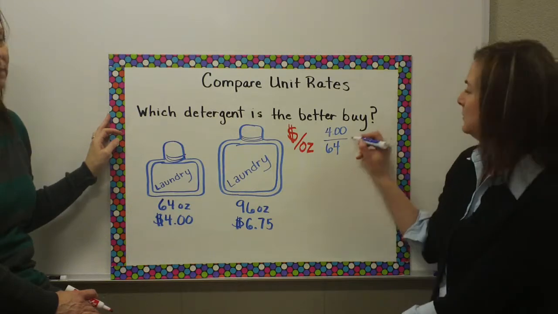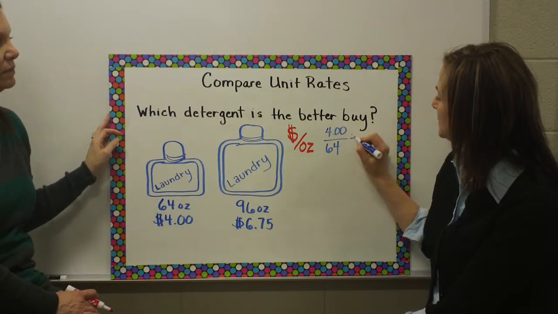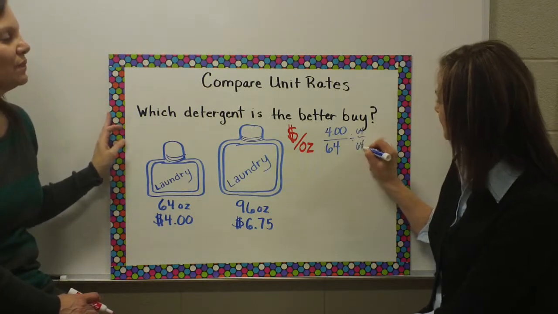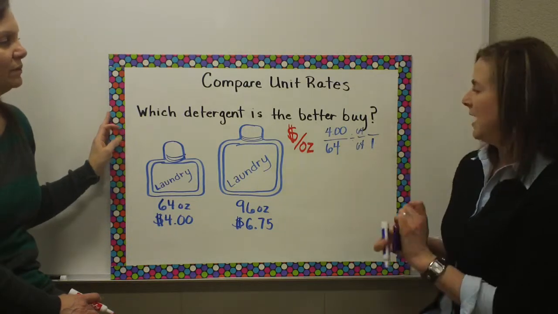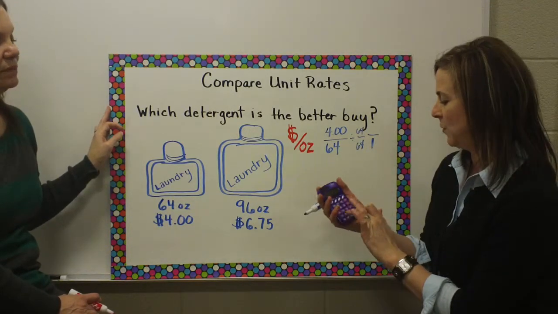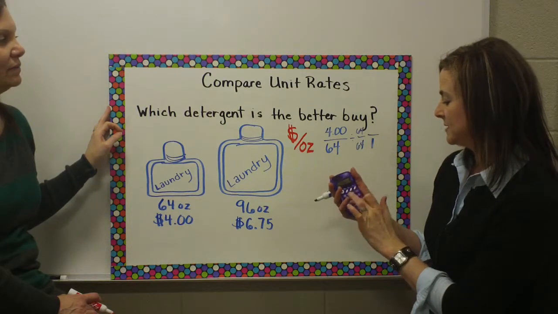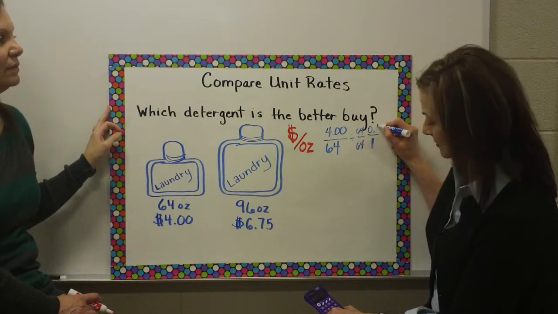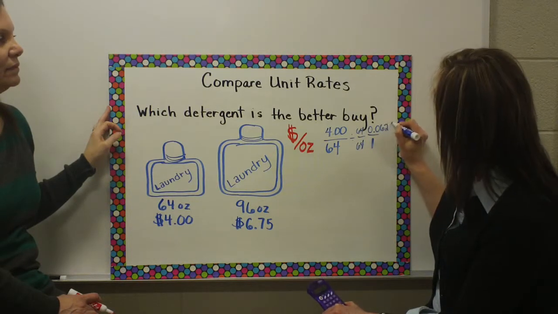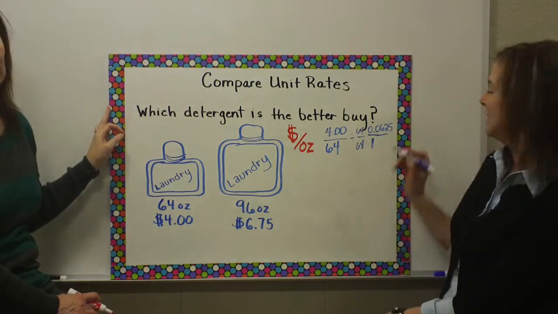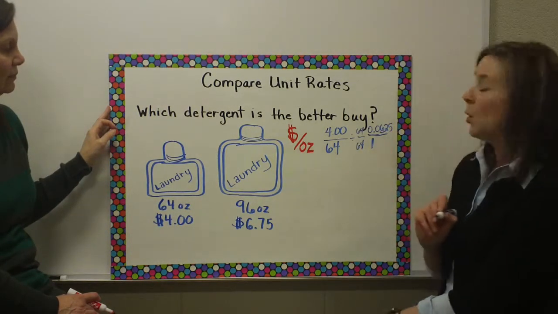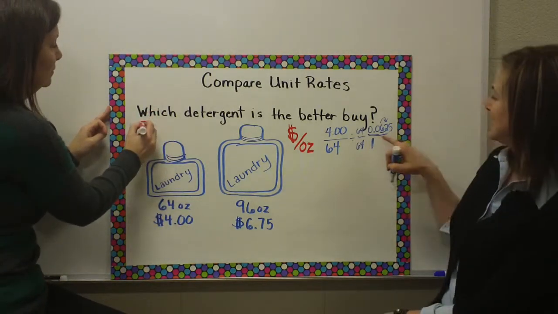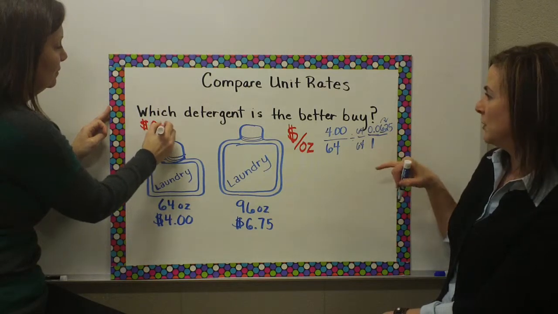Remember, we want 1 ounce, so we are going to divide both numbers by 64, which will leave us 1. And then I'm going to take my amount of money, $4 divided by 64, and I'm going to get 0.0625. Remember that money only goes to the hundredths place, and so we're going to round that to 6 cents per ounce.